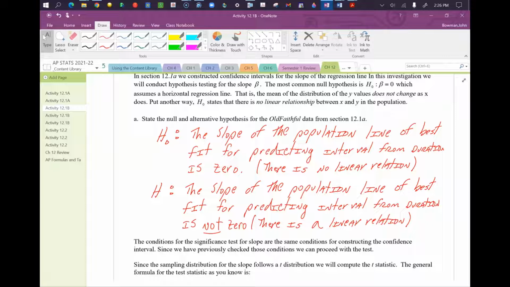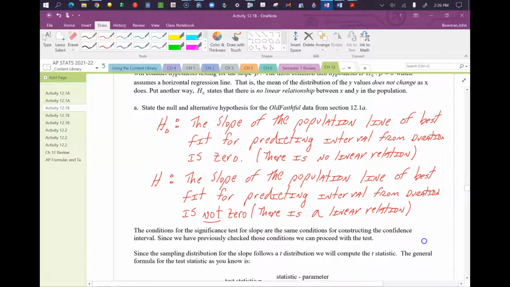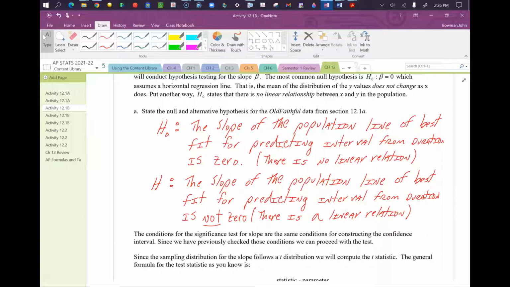Remember, this is a statement about the population line of best fit slope, so it refers to all the data, but it's going to be based on our sample of size 20. Another way of saying that is there's no linear relationship. The alternative is that the slope of the population line of best fit for predicting interval from duration is not 0. We're not suggesting it's greater than 0 or less than 0. We're just saying not 0.